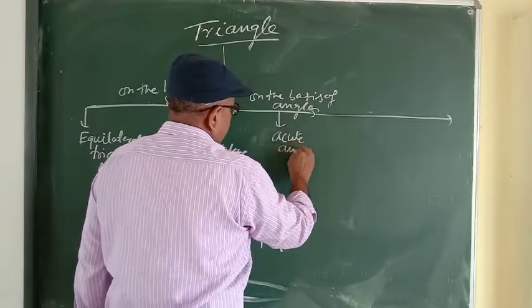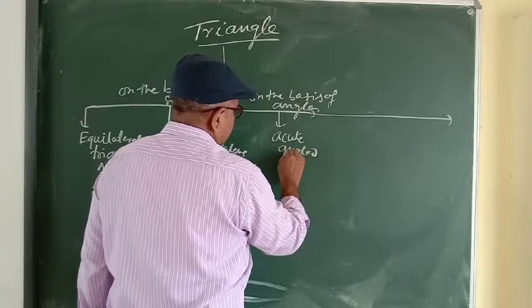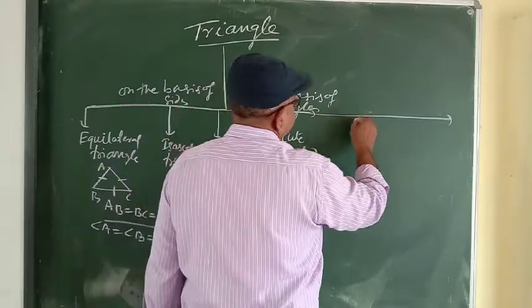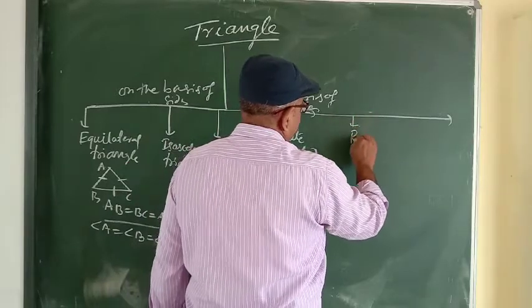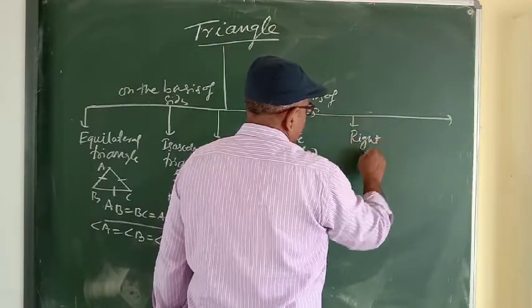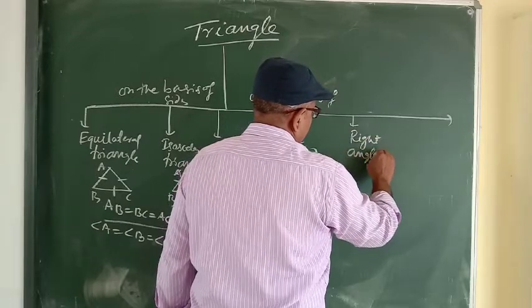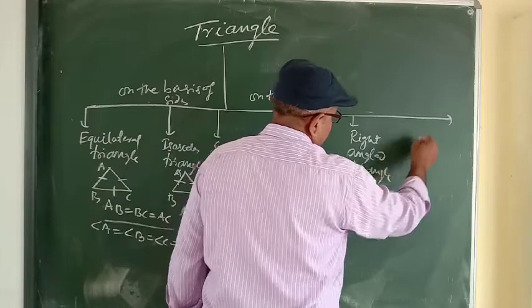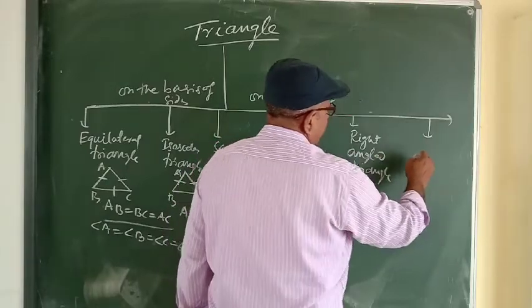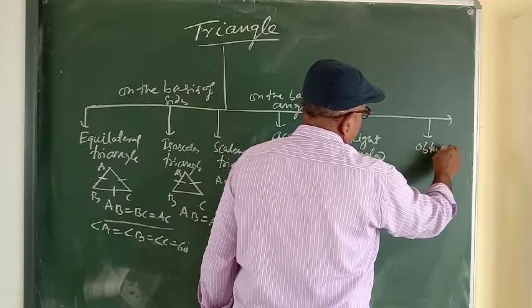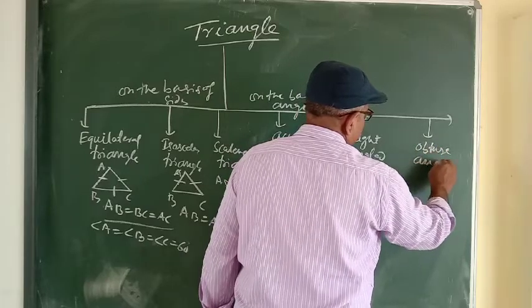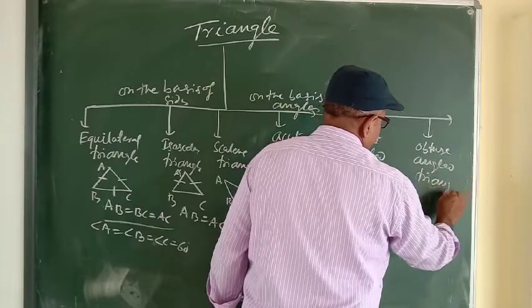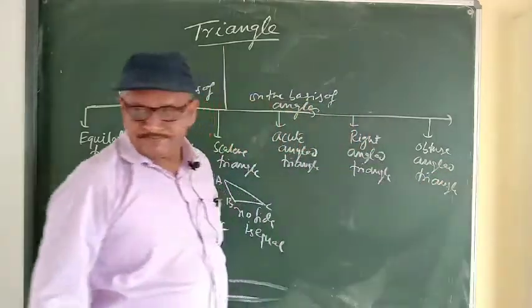Next one, right angle triangle. And third one, obtuse angle triangle.